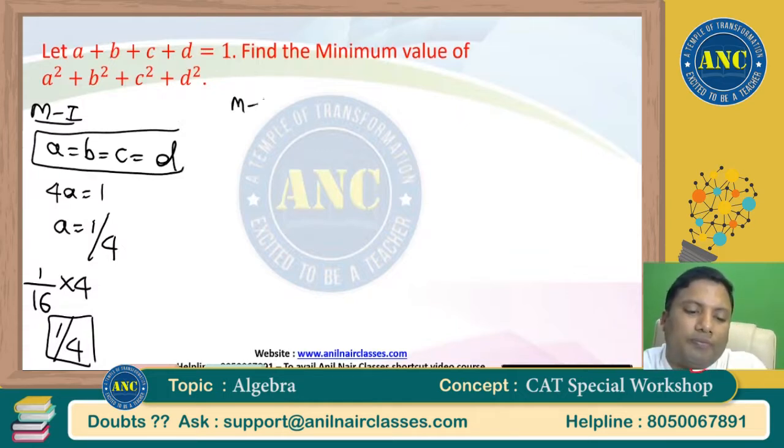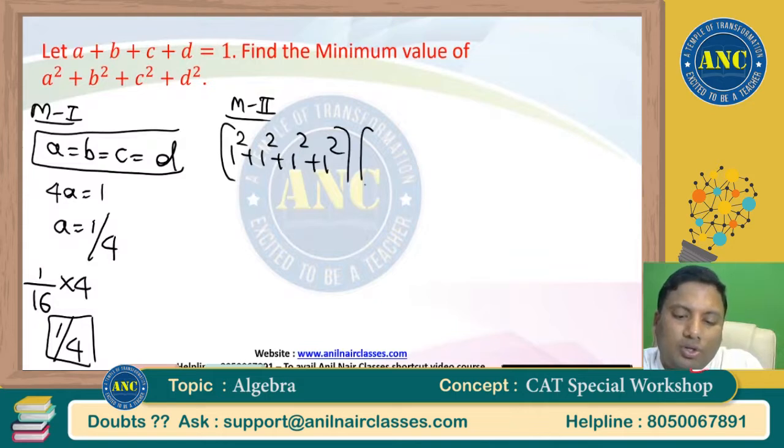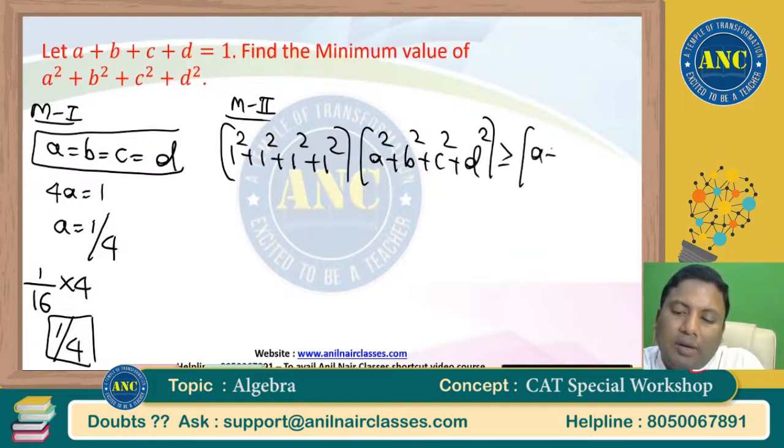Method number 2. (1² + 1² + 1² + 1²) into (a² + b² + c² + d²) is greater than or equal to (a + b + c + d) whole square.